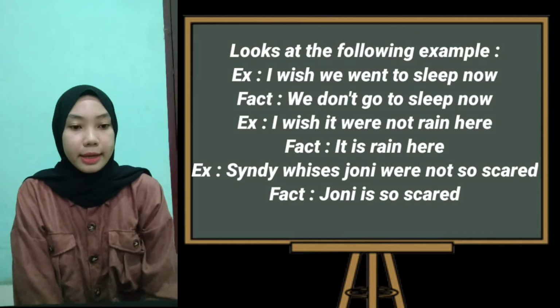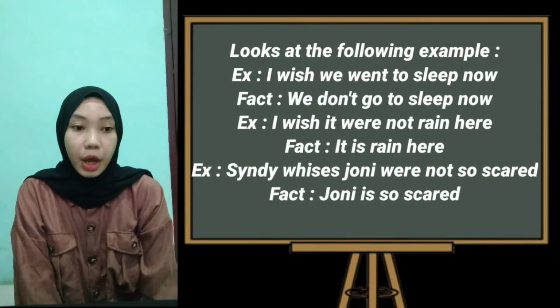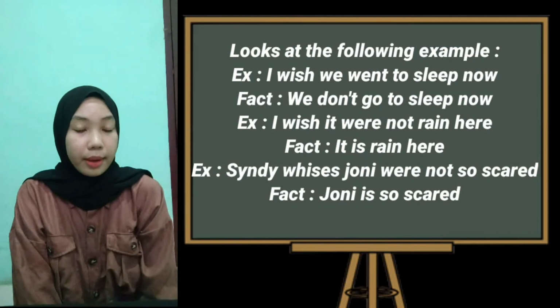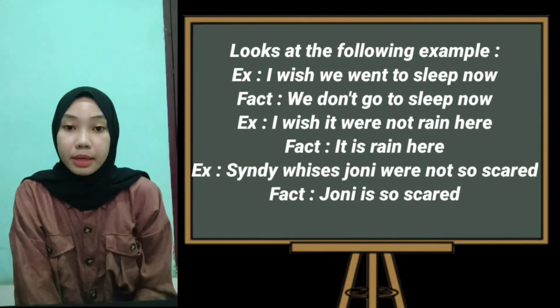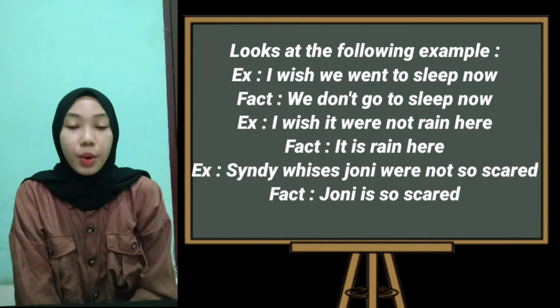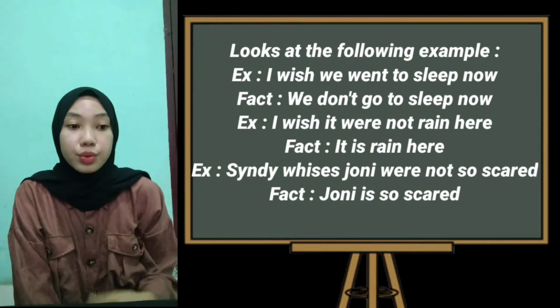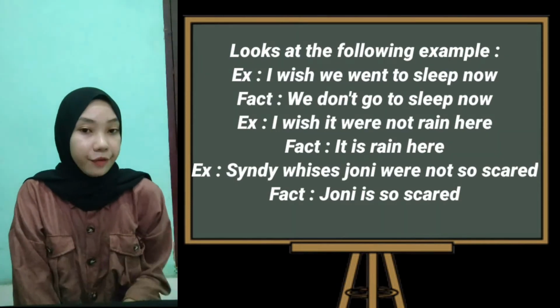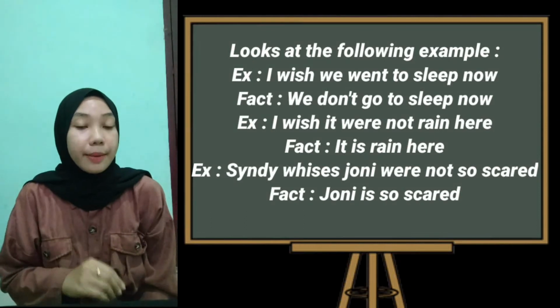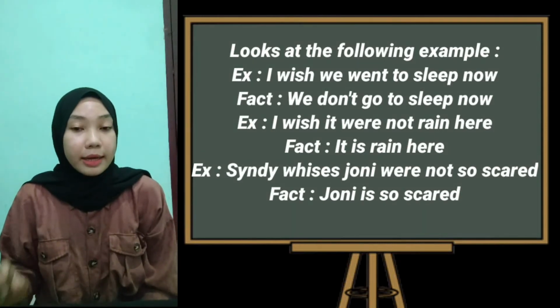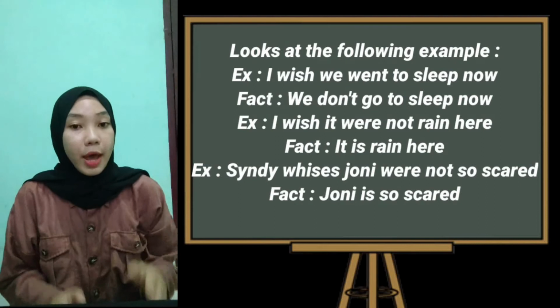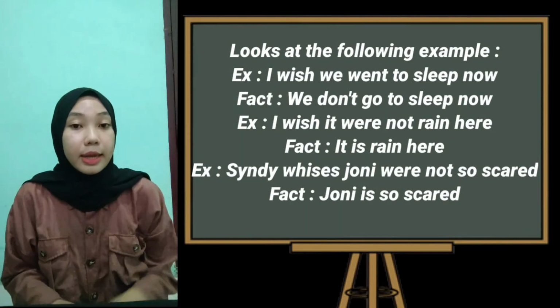Number one is: I wish we went to sleep now, but the fact is we don't go to sleep now. It is negative because the first statement is positive, and then the next statement you have to write in the negative.